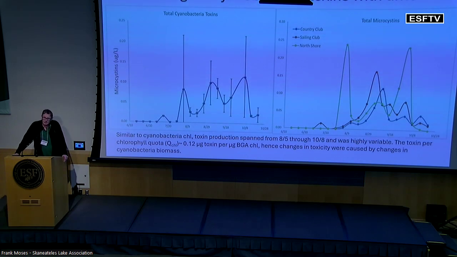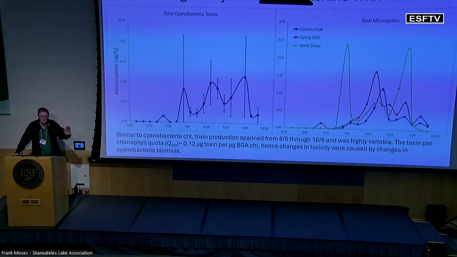The cellular quota for toxin per cyanobacteria chlorophyll was about 0.12. Very interestingly, throughout the whole mid part of the bloom, it was pretty constant. There was very little variation in the toxin per cyanobacteria chlorophyll.